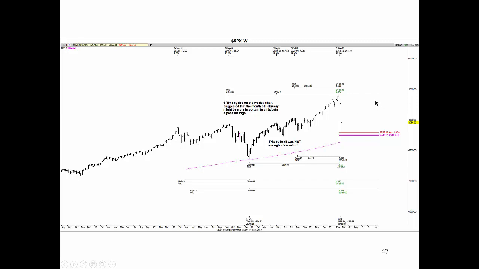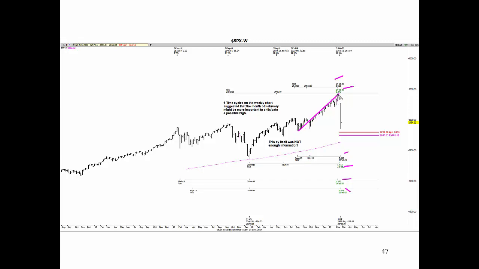But here is the S&P Cash Weekly chart. One of the things I was going over in my updates was the fact that I had 1, 2, 3, 4, 5, 6 cycles in the month of February as the market was going straight up into it. Now, there are a ton of time windows that the market has just blown through this year, or we've only gotten micro pullbacks.